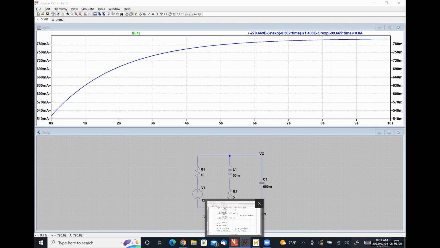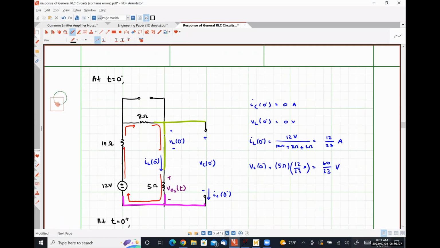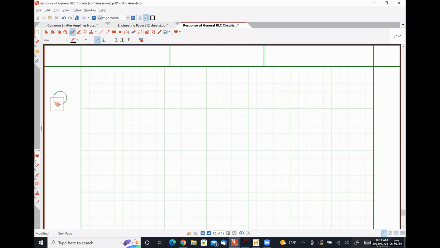Now we are going to talk about, let's get through all this stuff. We're going to look at a problem that contains two inductors and see how it behaves.